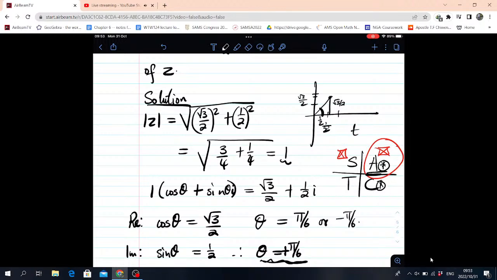So tan theta would be equal to half over root 3, which is the opposite over the adjacent. So you can use that. That's another way. You just need to make sure that you get the sign right. Sometimes you might not get the sign right if you just use this.